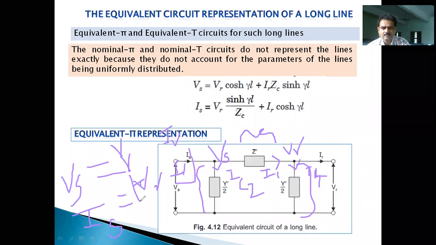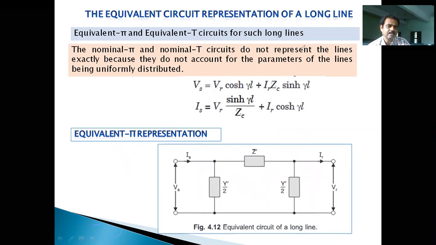So we have derived the equivalent pi model and the equations for this equivalent pi representation. Is it clear? We have already done that in short and medium transmission lines.